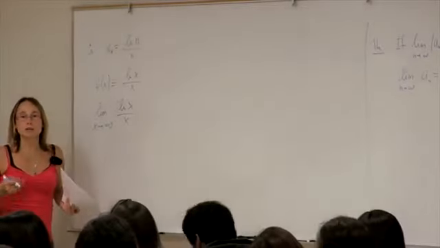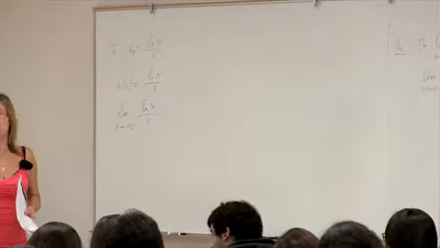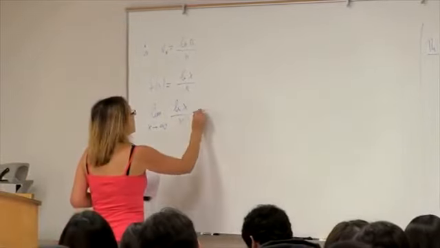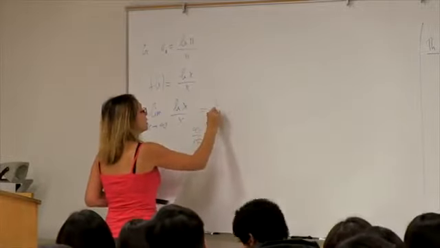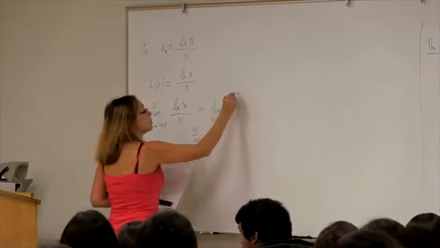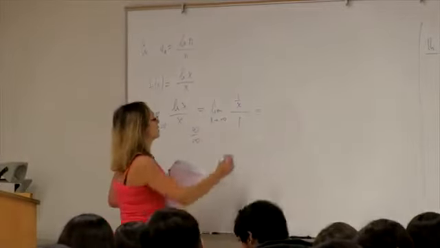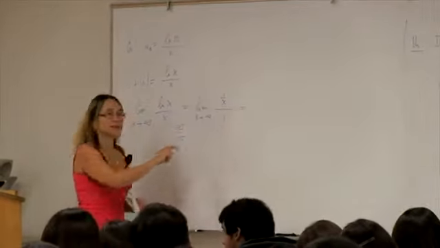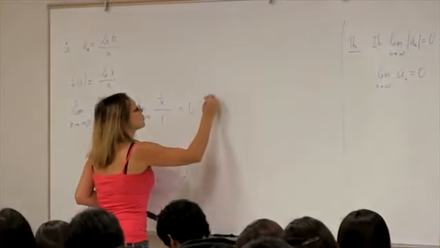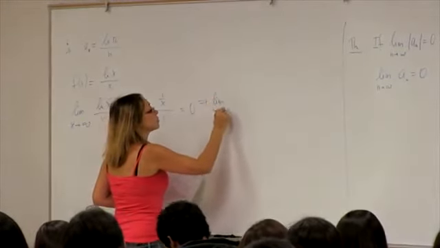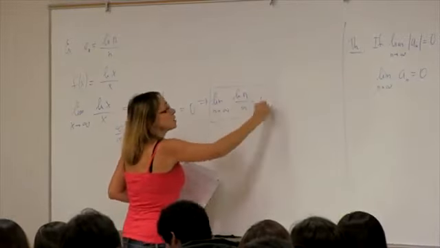Now it's not a bunch of powers, and dividing through by x obviously won't help, so we use L'Hopital. This is infinity over infinity, so we take the derivative of numerator and denominator. So I have 1 over x, so the limit is equal to 0. Therefore, the limit as n goes to infinity of log n over n is also 0.